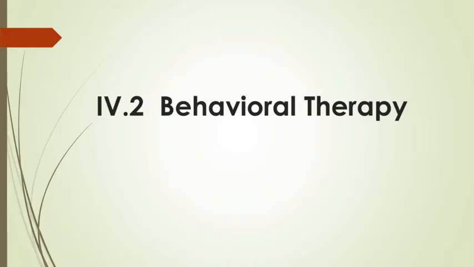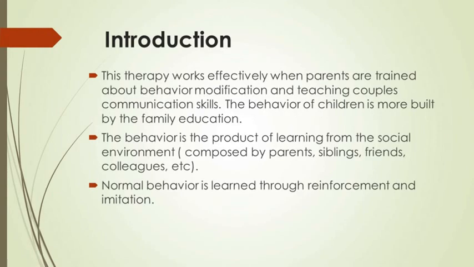The second technique is behavioral therapy. This therapy works effectively when parents are trained about behavior modification and couples are taught communication skills. The behavior of children is more built by the family education.